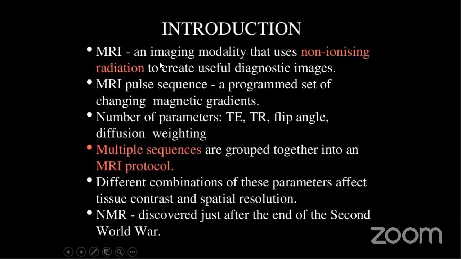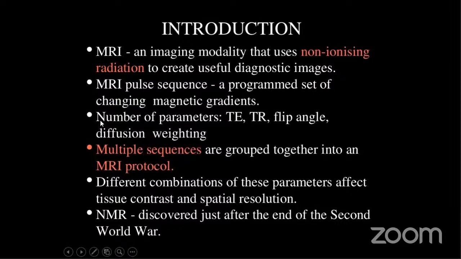MRI is an imaging modality that uses non-ionizing radiation. That is what makes it the most suitable choice of investigation for most pathologies to create useful diagnostic images. Unlike CT and X-rays, we use non-ionizing radiation here.